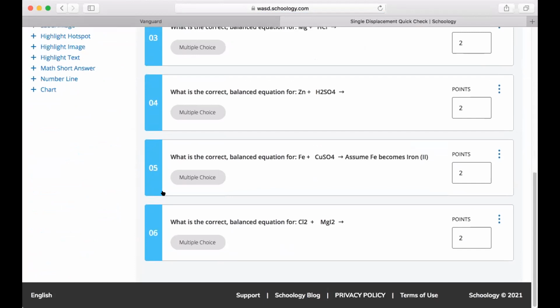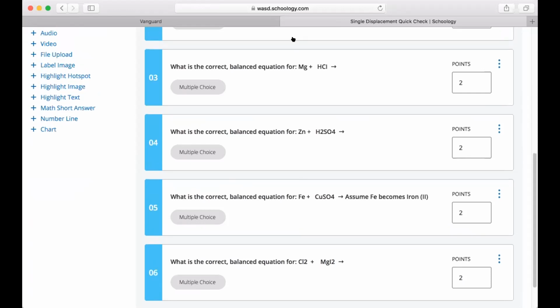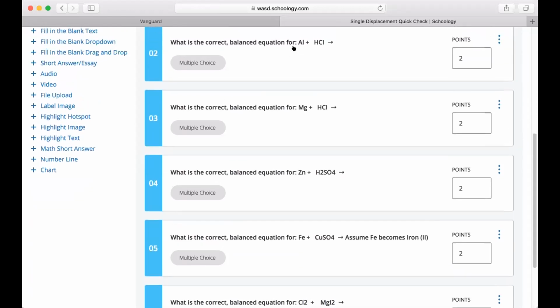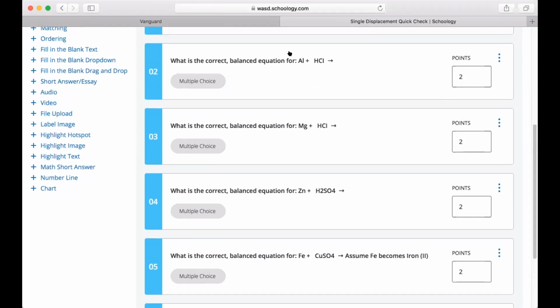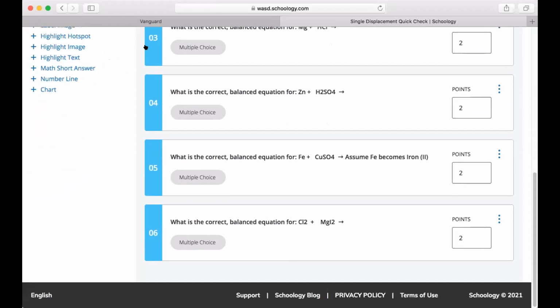And then the last one is to write the balanced equation for the products. Number 2 is actually number 16, 17, 18, 19, and then 20 on the worksheet is the remainder of the problems. I can't look up there, that's all slow.